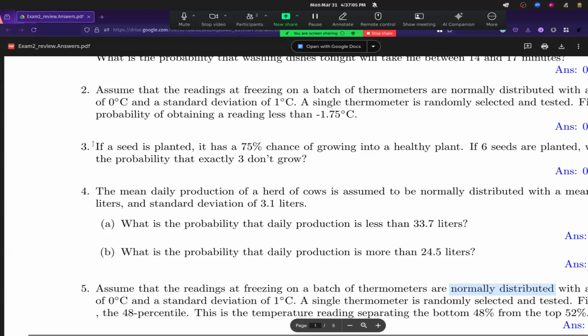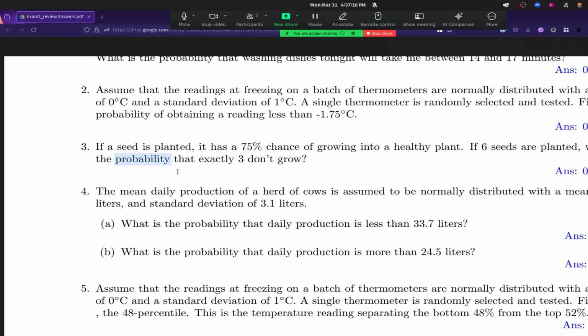Something like number 3 doesn't say anything about what type of distribution it is, but it does ask for a probability. So it may be helpful to spend a minute when you see that and ask, do I know what type of distribution this is? If it's normal, it'll say normal. If it's uniform, it'll say uniform.